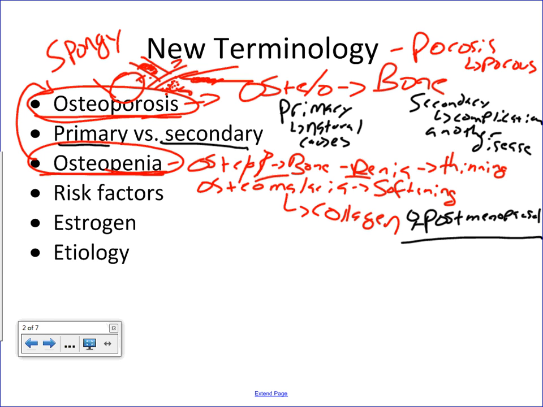Okay, postmenopausal women. Eventually estrogen levels are going to drop as a result of menopause in females, which is just a normal part of aging, but unfortunately it has its ramifications. As estrogen levels go down, that creates a thinning in the bone, and the bone density becomes smaller.